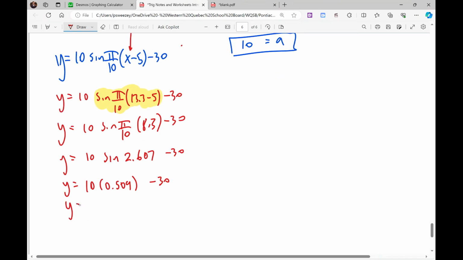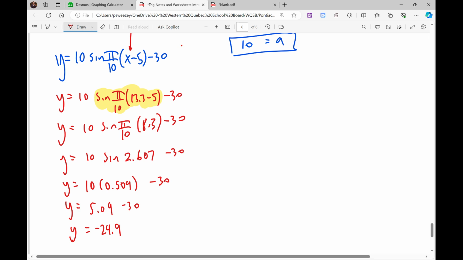So essentially y is equal to 5.09 minus 30. So in this instance, we're going to have a y value of negative 24.9.